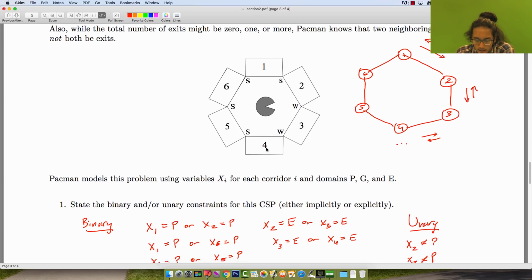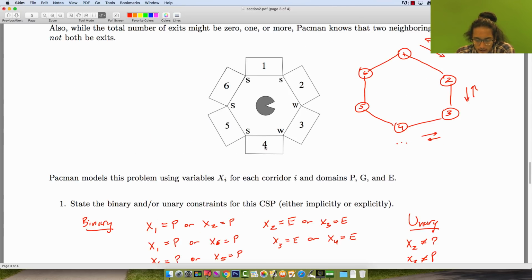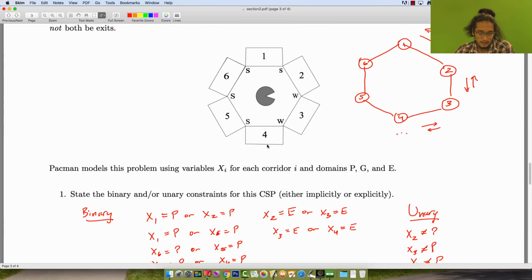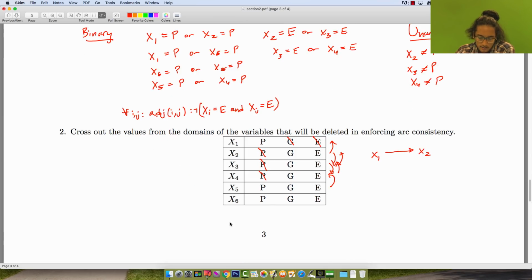If I assign P to x5, then that satisfies the constraint that we have for x4 and x5, which is this one: at least one of them must be P. Which means I can assign whatever I want to the other one. I can assign whatever I want to x4, either G or E, and everything is going to be satisfied. So P is good. However, it does not work for G and E.